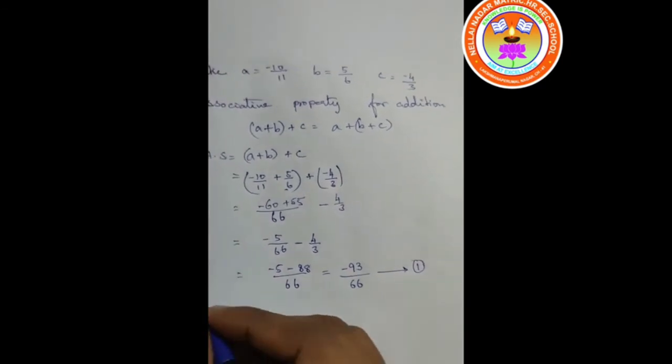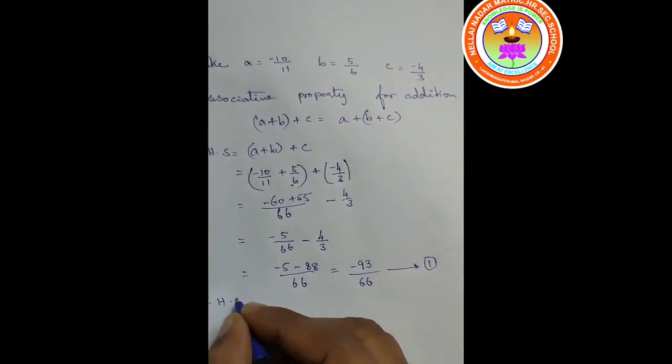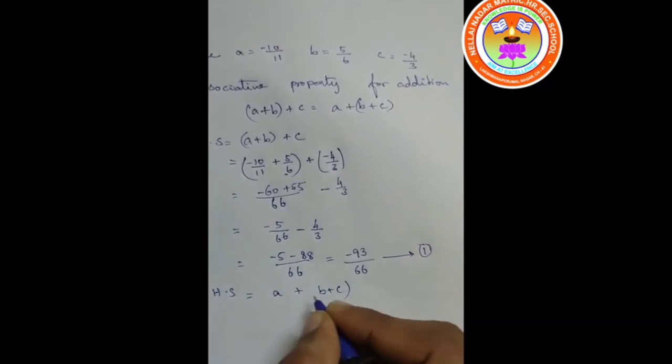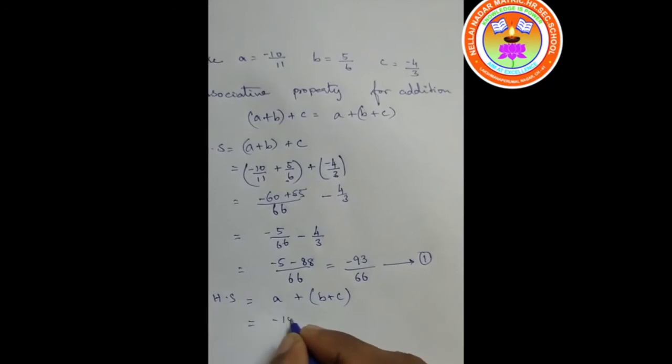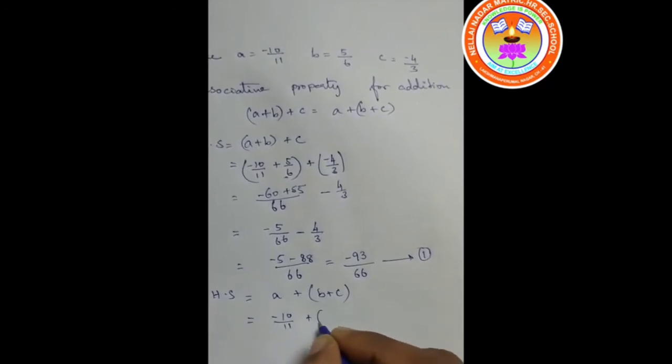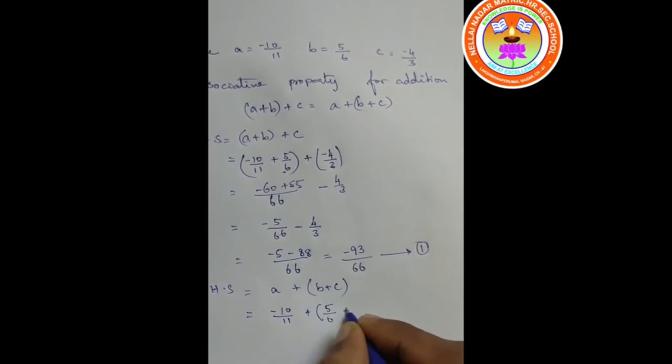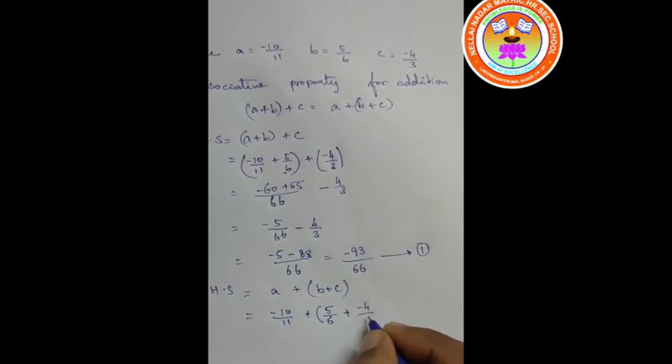We will move on to the right hand side. Right hand side is nothing but a plus (b plus c), which is equal to minus 10 by 11 plus 5 by 6 plus minus 4 by 3.